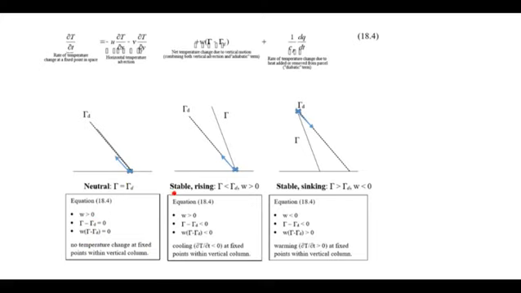But let's see what happens when we have rising motion in a stable atmosphere. So with the stable atmosphere, gamma is less than gamma D. So here's the actual temperature change with height. Here's what a parcel experiences. If we start at the surface and initiate rising motion, the parcel is going to cool according to the dry adiabatic lapse rate here.